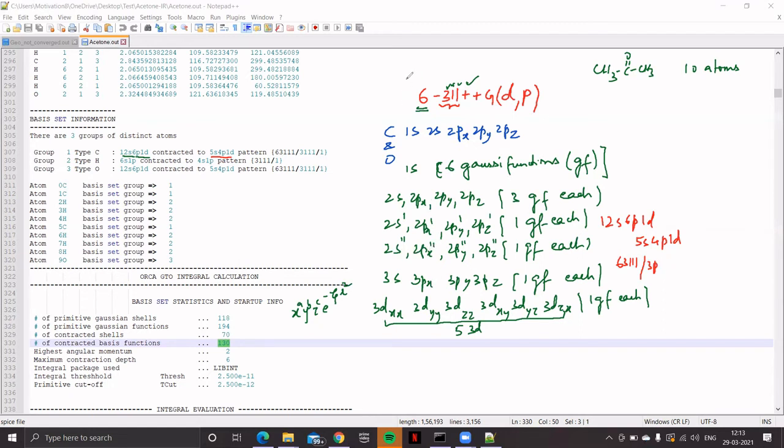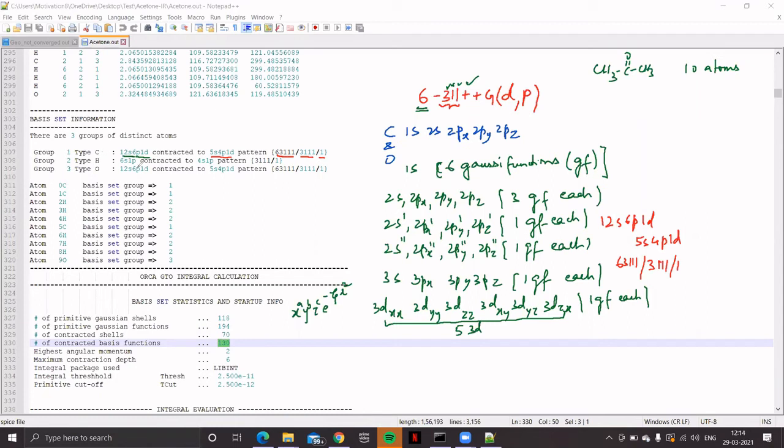For 3p, you're writing 3, 1, 1, 1, that is how many Gaussian functions you are using. And for d, it is only 1. So that is 6, 3, 1, 1, 1 for s, 3, 1, 1, 1 for each p, and for each d, it is 1. So that's this meaning.